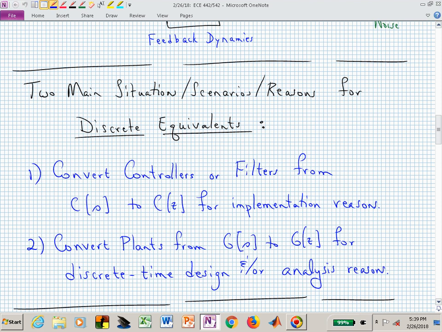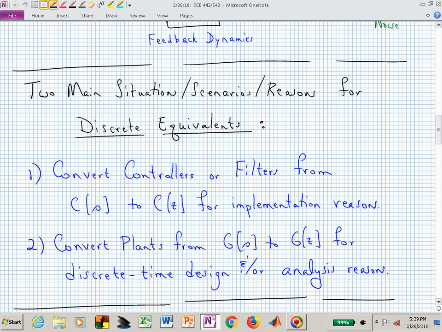Well, now you'll need to figure out, how do I make this discrete equivalent? That's the first scenario. Or somebody might say, I have this analog controller, and I don't want all of these analog parts, these resistors, op amps, capacitors. I want you to make that same functionality occur inside this microcontroller. How do we now convert from a capital C of S to a C of Z?